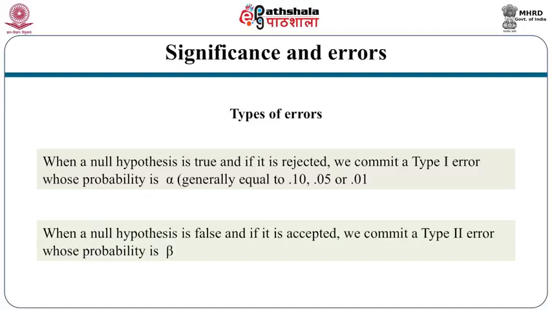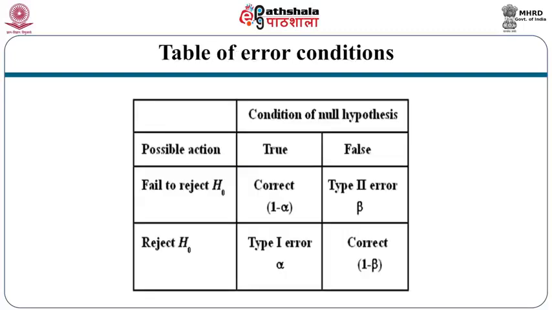So, in other words, if alpha is the probability of committing a type 1 error and beta is the probability of committing a type 2 error, you can see in the table on this slide the possible actions, fail to reject or reject H naught, and the conditions of the null hypothesis, which may be true or false.